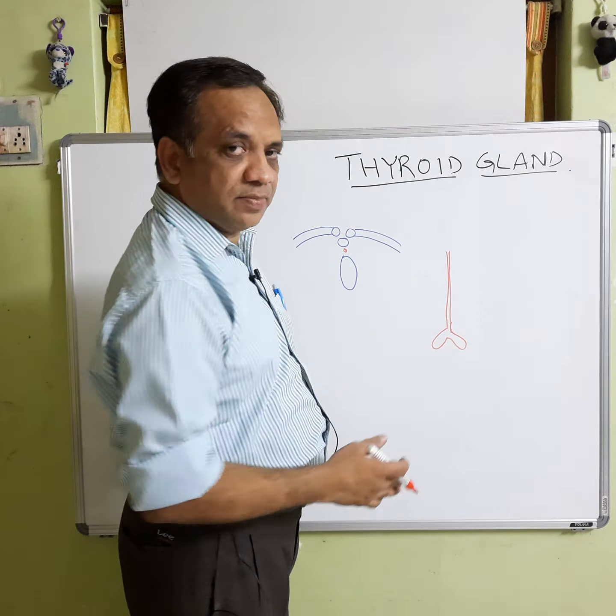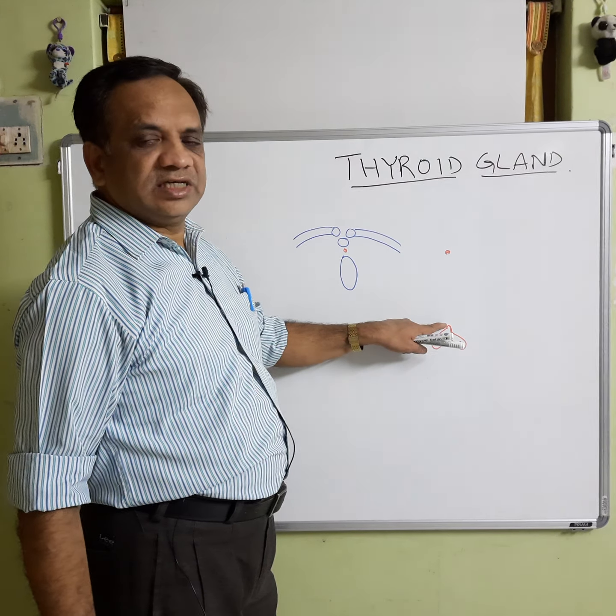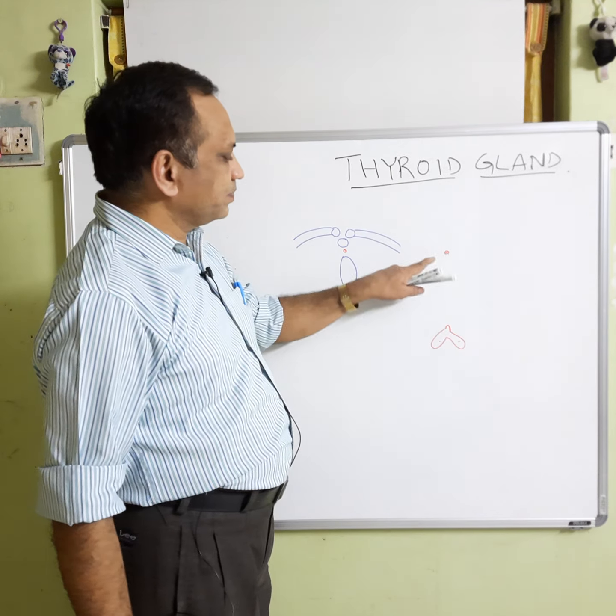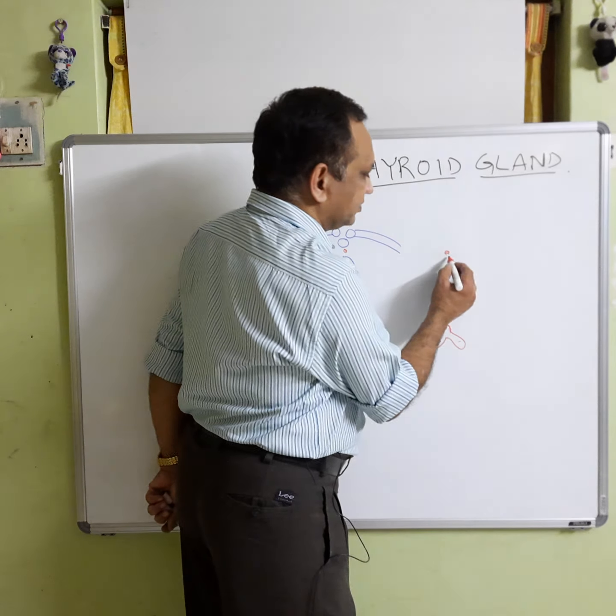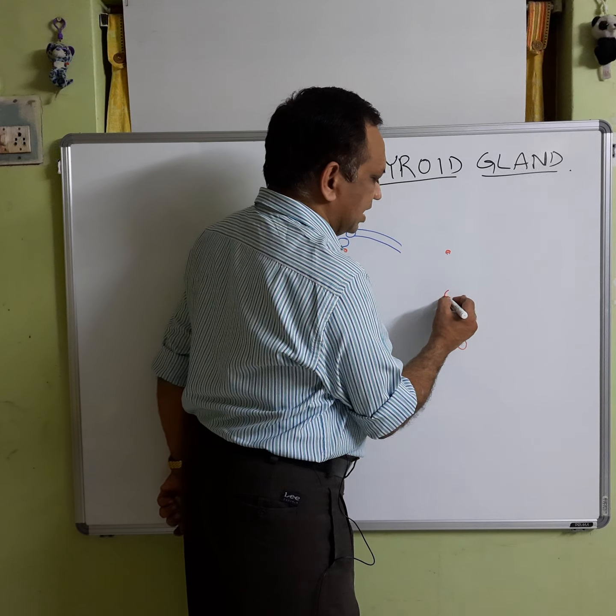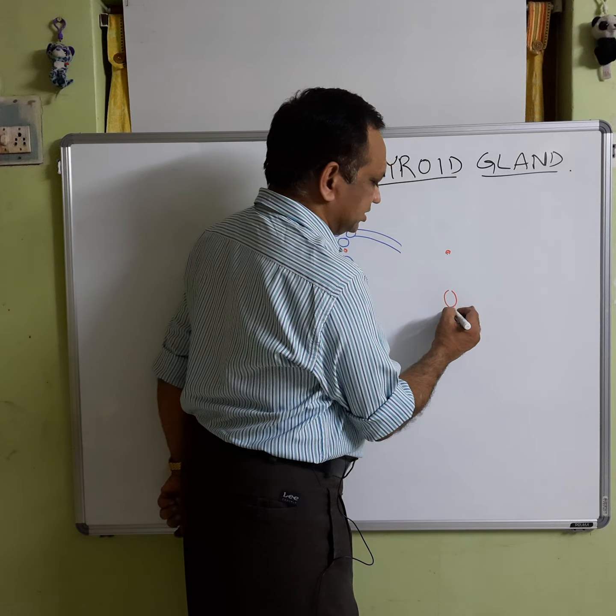Later, gradually this thyroglossal duct disappears, leaving a small part occasionally as the pyramidal lobe, which is present on the isthmus. Sometimes a part of the duct may persist as thyroglossal cyst.